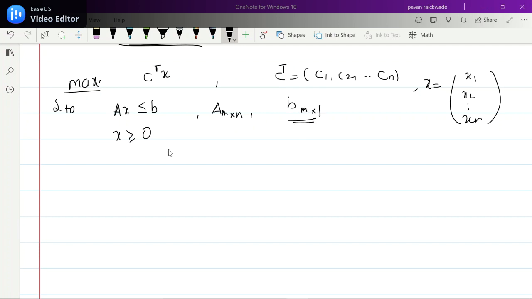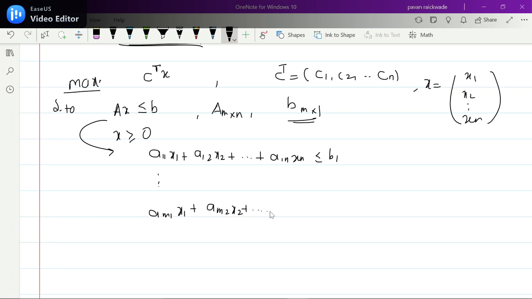So this is the primal maximization problem, and as we did in the 2 cross 2 case, we multiply each equation. I will write this as a11 x1 plus a12 x2 and so on till a1n xn less equal b1, all the way to am1 x1 plus am2 x2 plus up to amn xn less equal bm. Similar to the 2 cross 2 case, we multiply each by y1, y2 up to ym and add all of them.